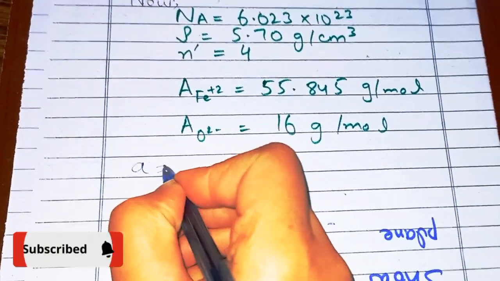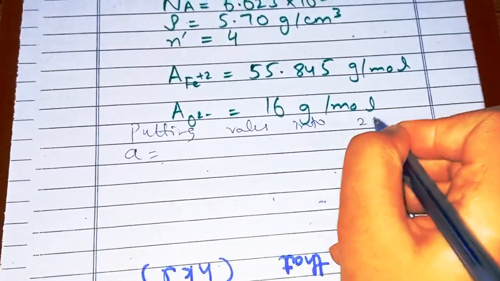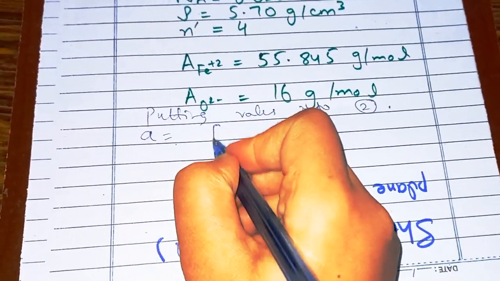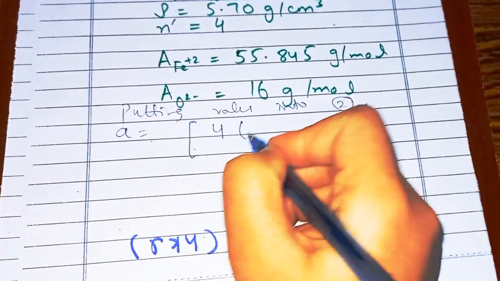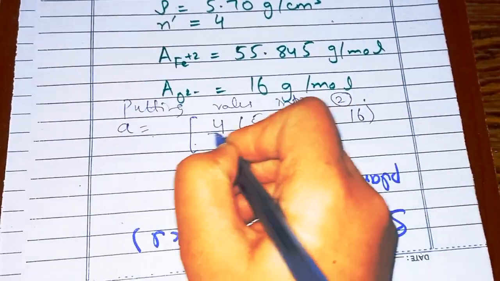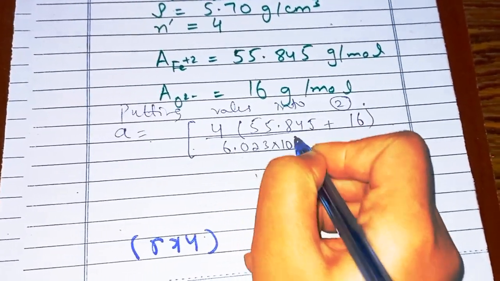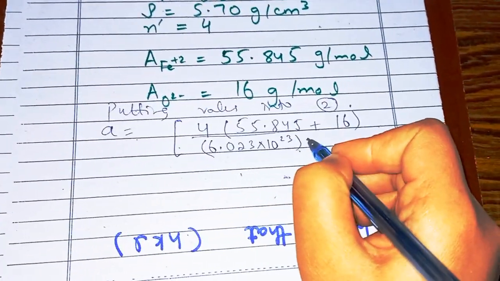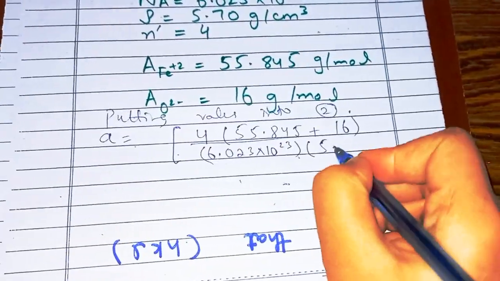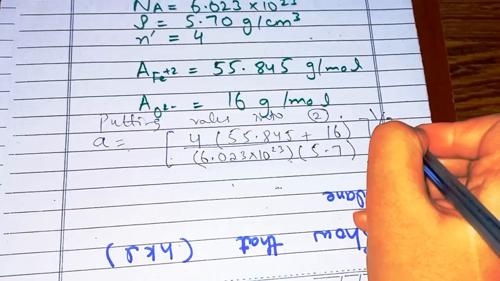So putting values, a equals n prime, which is 4, into 55.845 plus 16, divided by Avogadro's number, 6.023 multiplied by 10 to the power 23, and rho, which is the density, 5.7. And the whole power is 1/3.